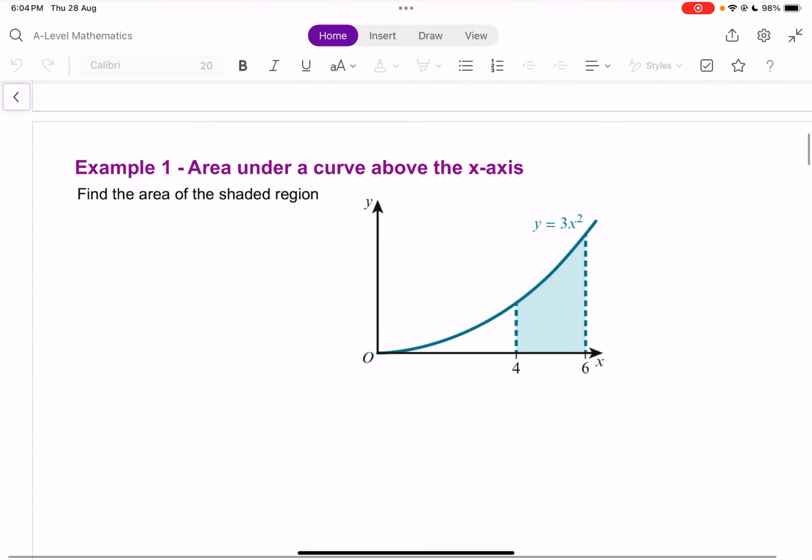Please note, finding area is one of the applications for integration, but not the only one.